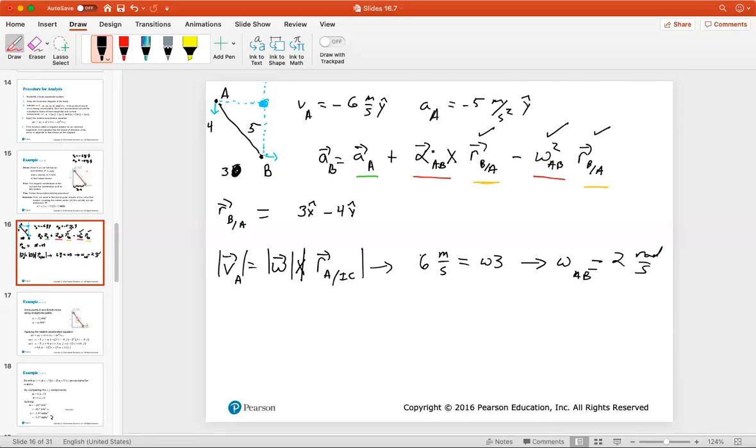That means that I can use the leftover equation to solve for alpha, which only has one number really in it. So even though I don't know alpha and I don't know this acceleration, because they only each have one component, this vector equation is enough to solve it. So the plan is then to write this down and look at the coefficients and solve for the unknowns. Okay, that's the plan.